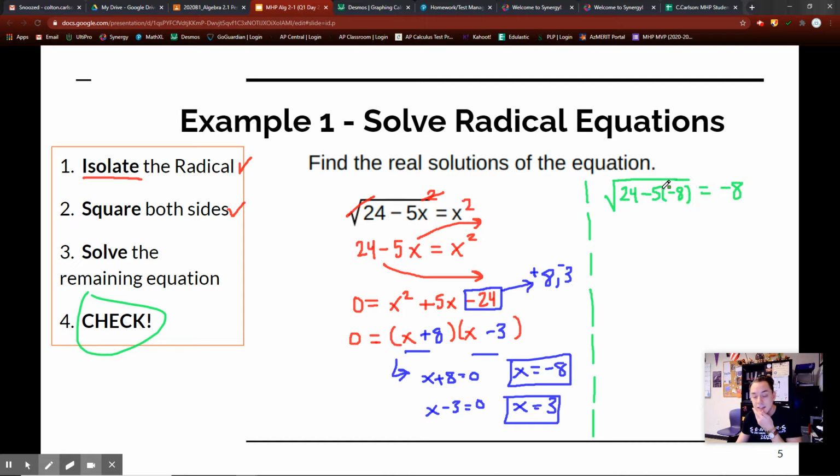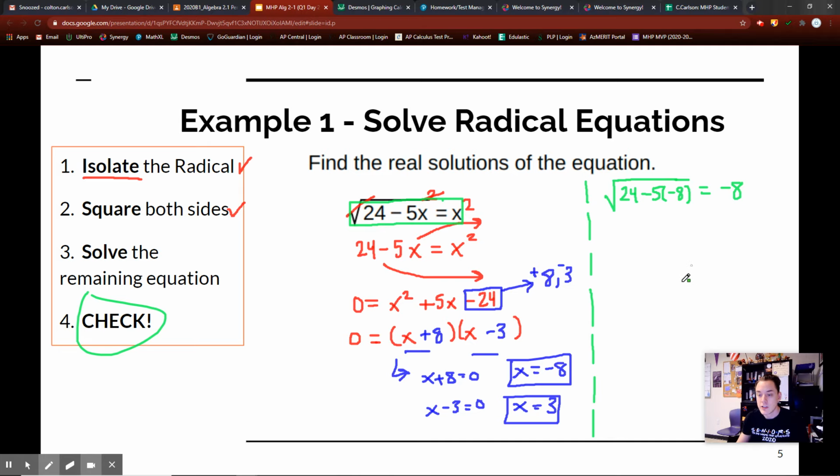I'm only taking what's in black here, not the red square or anything. I'm just taking my original equation and plugging it in. If the left side equals negative 8, then it's a true equation, which means it's a true solution. But if it doesn't, then we have to get rid of it. It's what we call an extraneous solution. You need to do this. It's not an option.